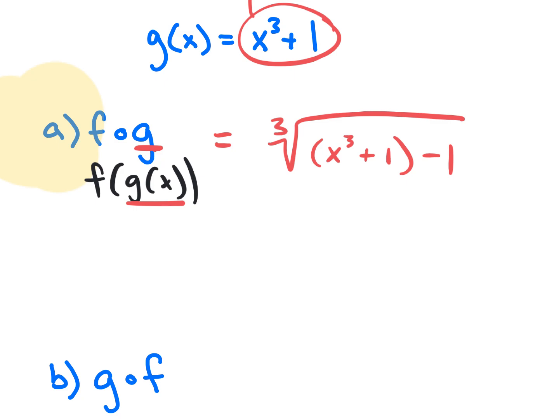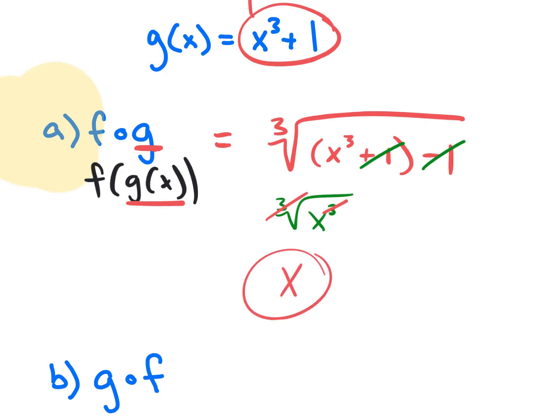How could we simplify here? Awesome. 1 and minus 1 cancel. So I have the cubed root of x cubed. Anything else cancel? Cubed root and cubed cancel. So what are we left with?